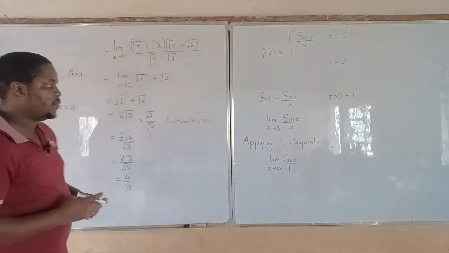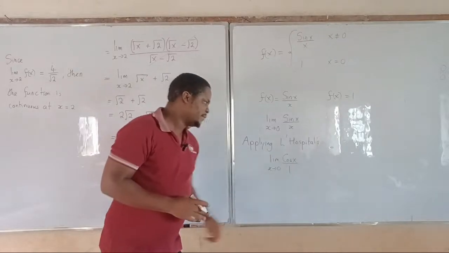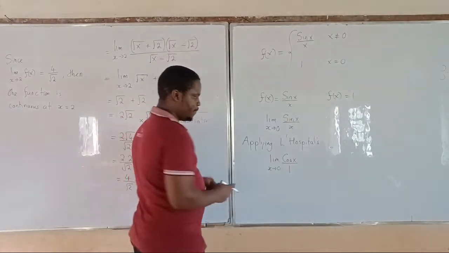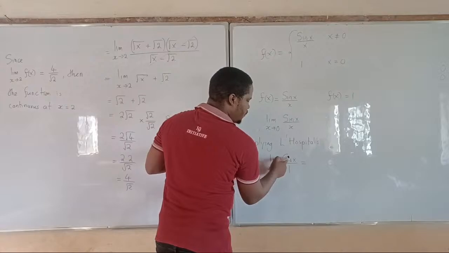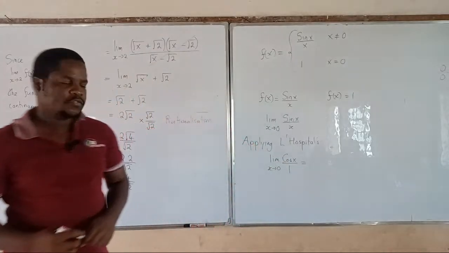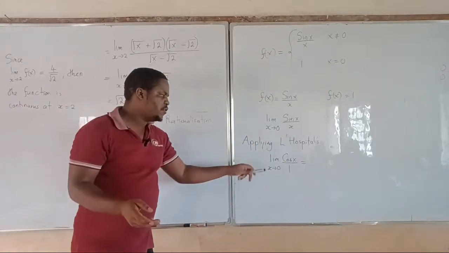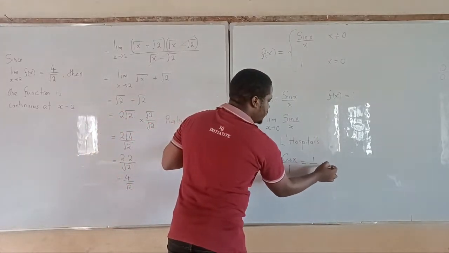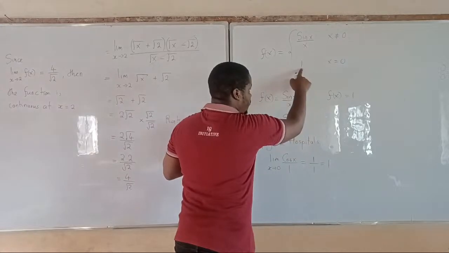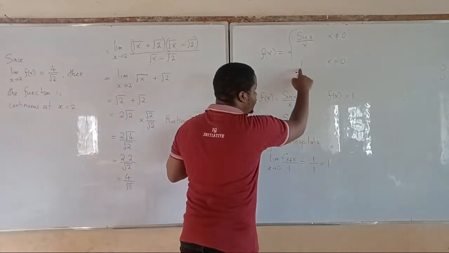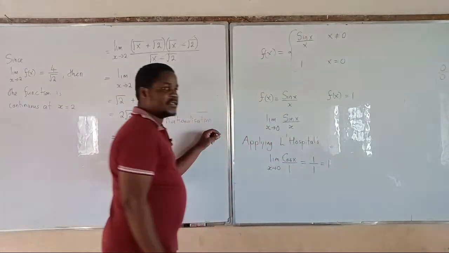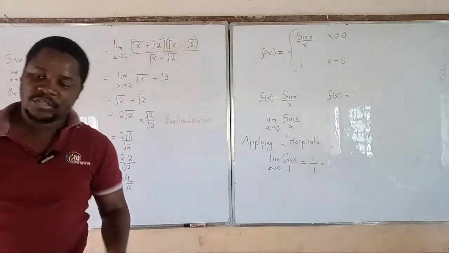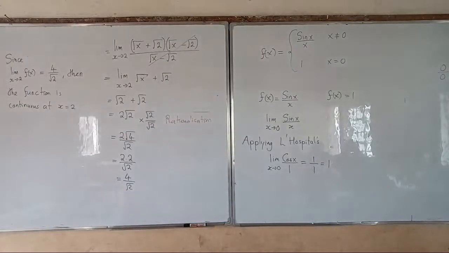Let's apply the limit now. What is cos x? So as in cos 0. Cos 0 is what? 1, isn't it? So it will be 1 over 1. 1 over 1 is the same as what? 1, which is this value that we have here. So because these two are the same, the conclusion is that it is continuous. As simple as that.